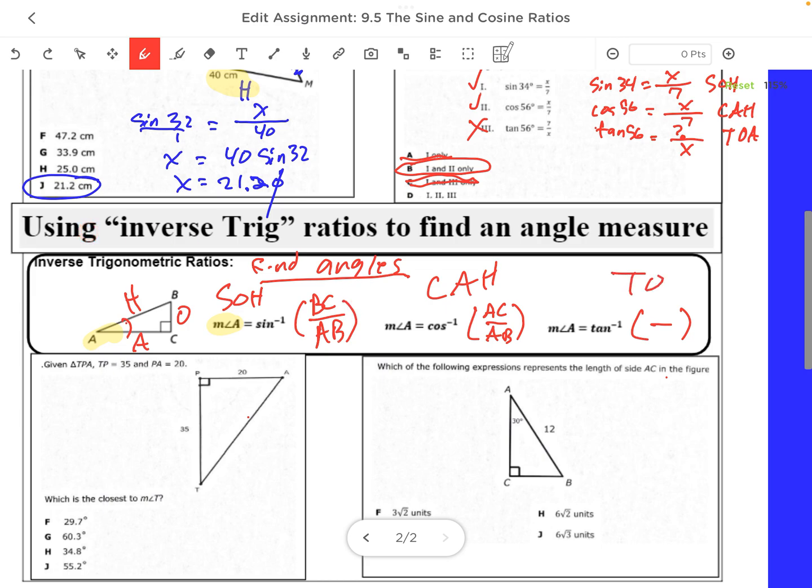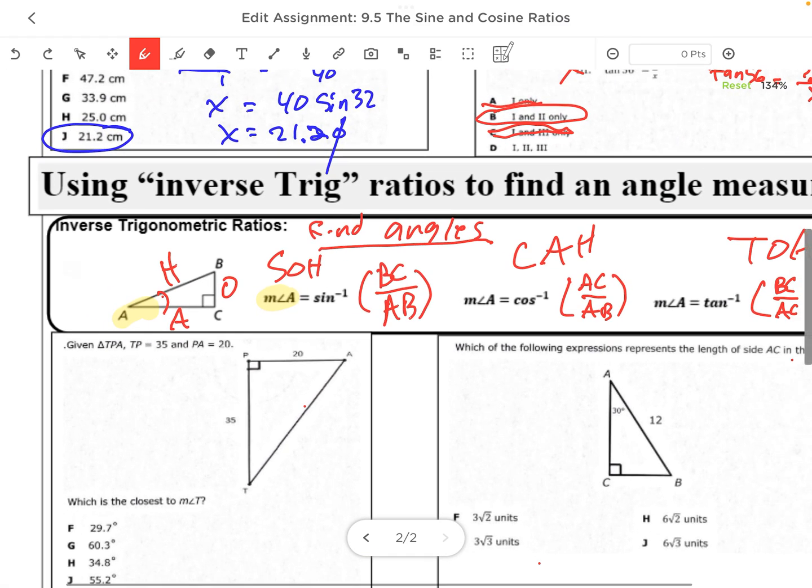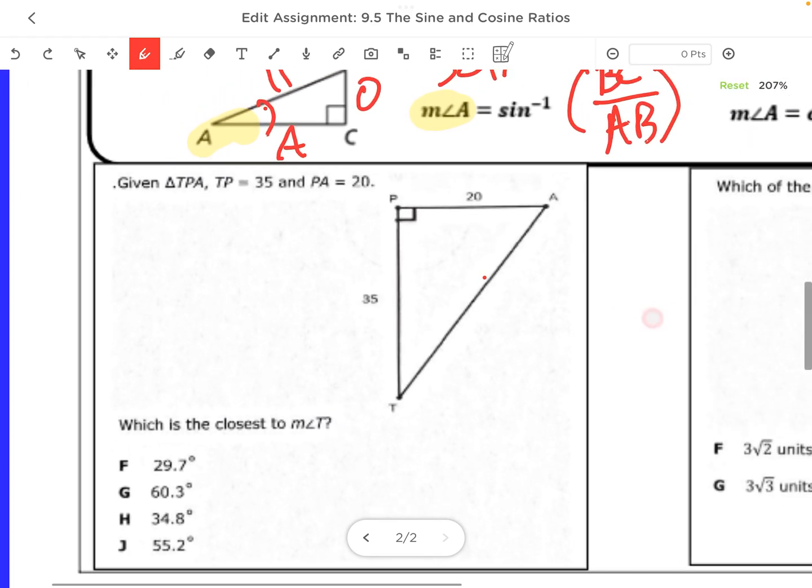Tangent we know is TOA, right? So that would be opposite over adjacent. So BC over AC. All right, so keeping that in mind, let's just get right into it. We're just going to think SOHCAHTOA. All right, so these, once again, are some DCP questions. All right, let's do it.